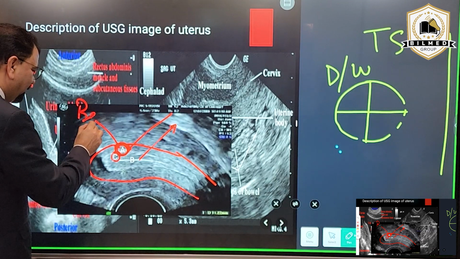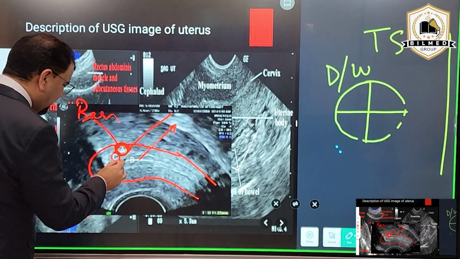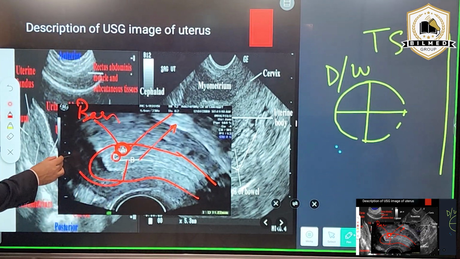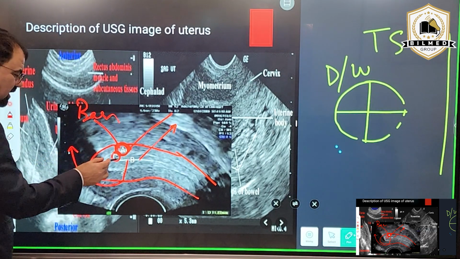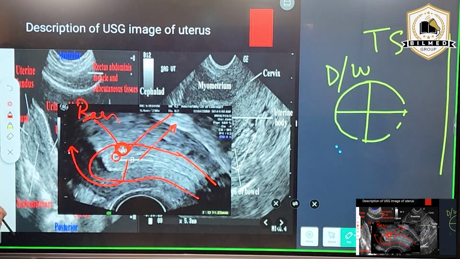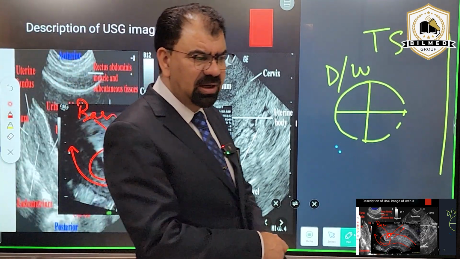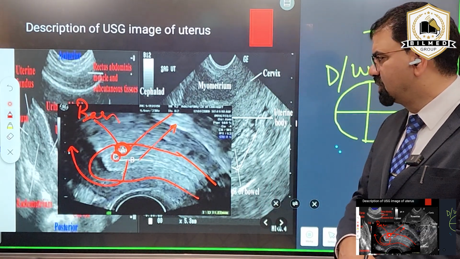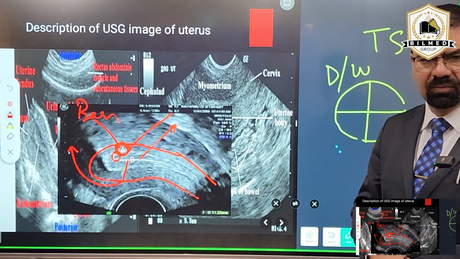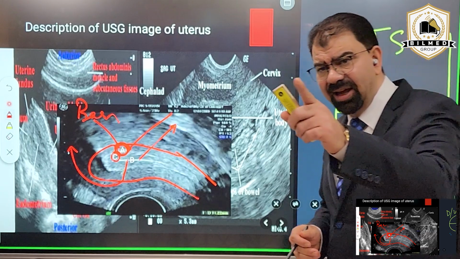Basalis, right. Then we'll discuss first B. What is the B? Others in the comment section, what is this B? It is the cavity line.